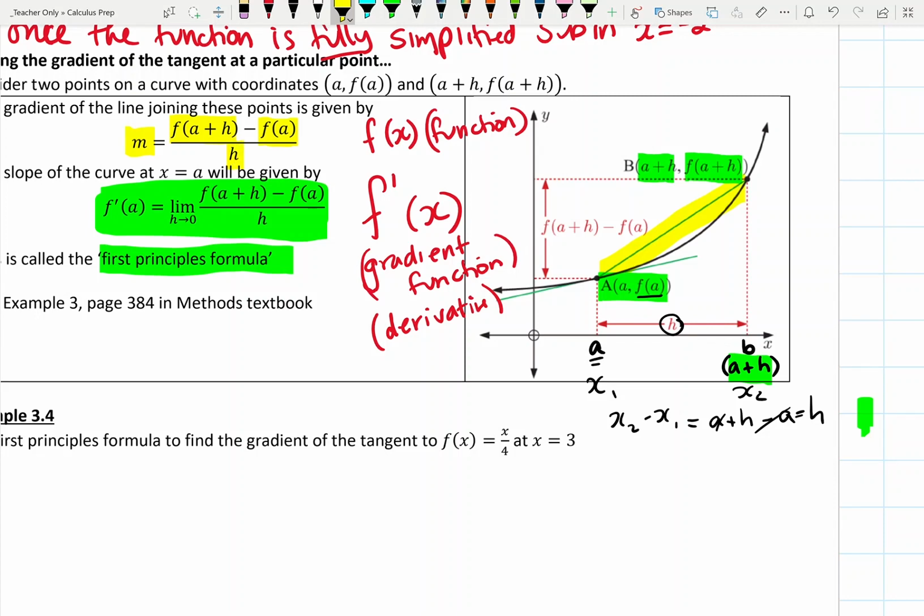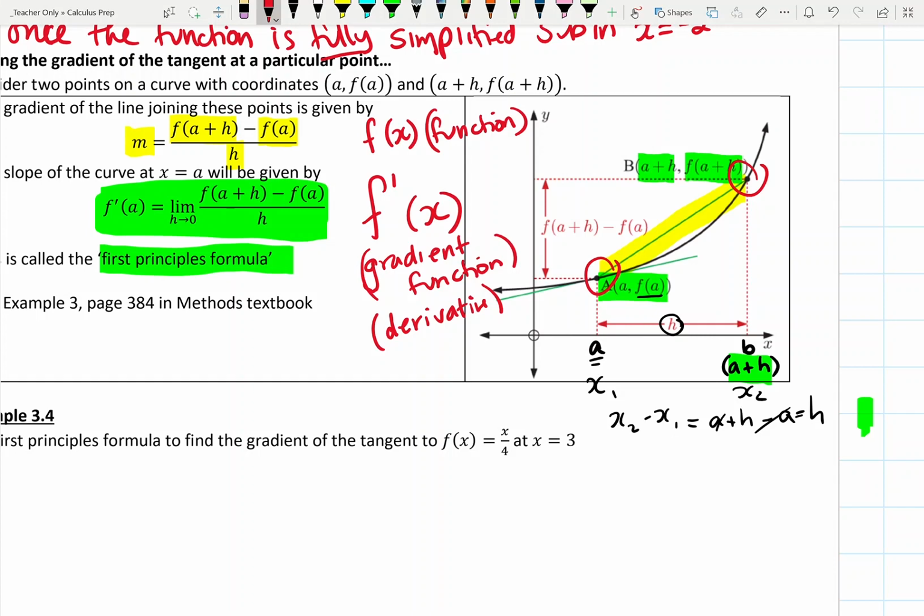Now, like I said before, the closer these 2 points get to each other, the better the chord will be as an approximation of the slope at that point A. We've already established that you can't just use the 2 points A, because then you have a function that's undefined, because rise will be 0 and run will be 0, which is a problem.